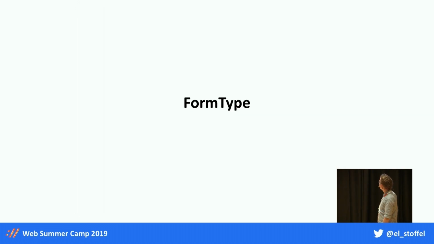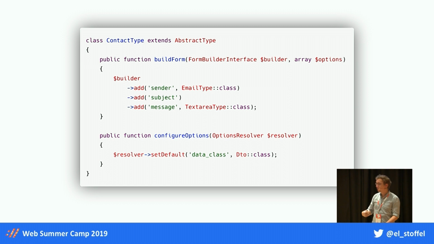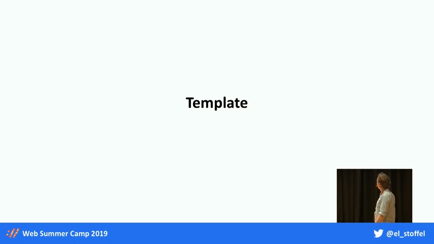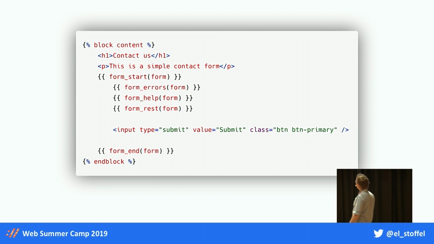So we have a form type that maps the data object, called DTO down here, to form fields, right? You know that. And we have a template where we, for example, can split up the view. We could use form, but in this example, I'm using form start and form rest and form end, for example, to render the button myself, which is part of the best practice.